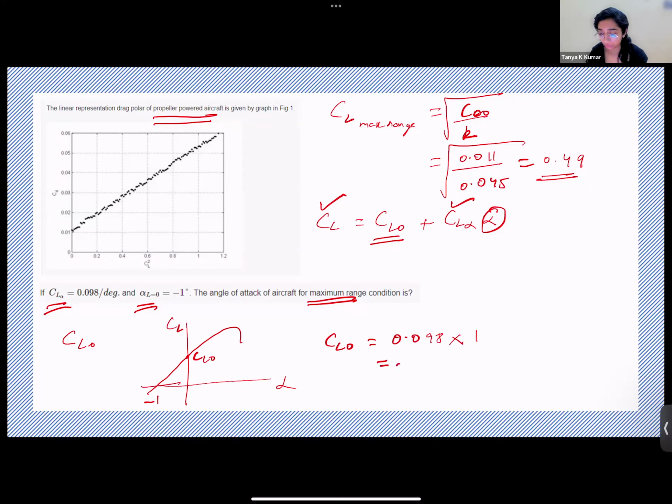So in this case, it's just 0.098. That is your CL naught. Plug it in here: you have 0.49 equals 0.098 plus 0.098 into alpha. So alpha is (0.49 minus 0.098) by 0.098. What is this value?